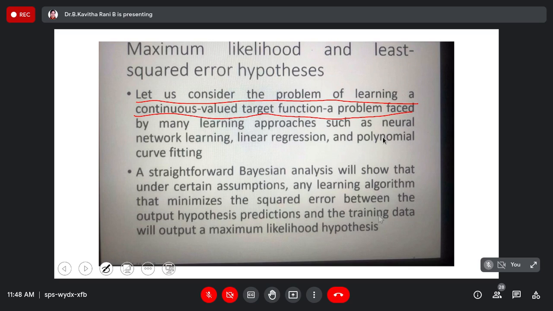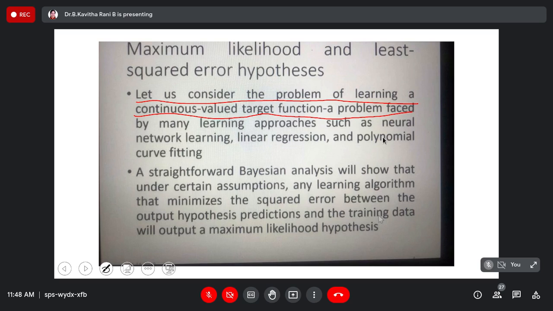When a learning algorithm makes a prediction and we find the squared error of this prediction, that is the difference between the prediction and the actual training data output, here we are squaring the difference of the actual data and the prediction data.